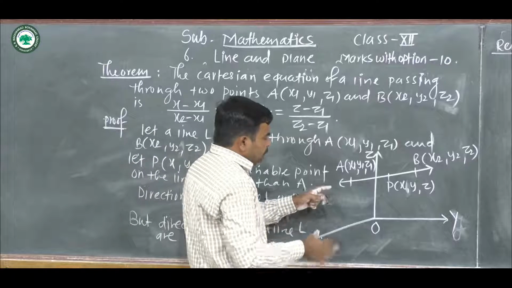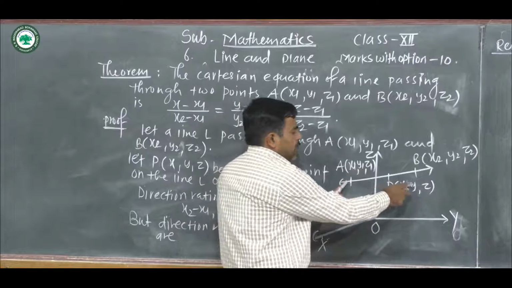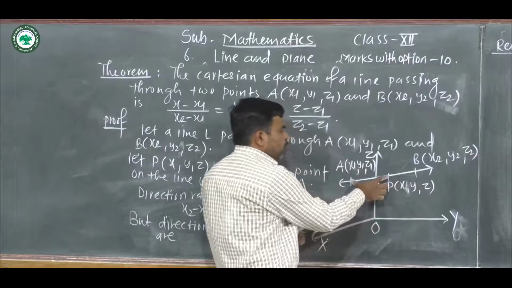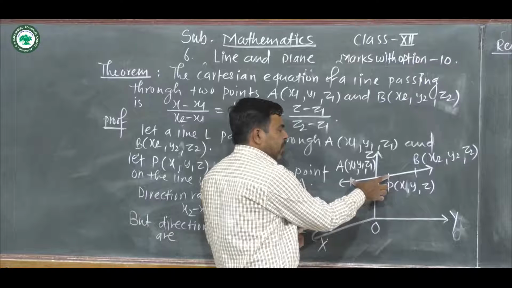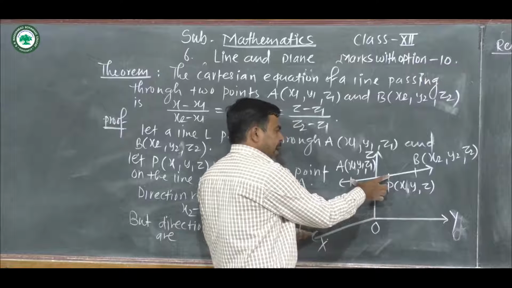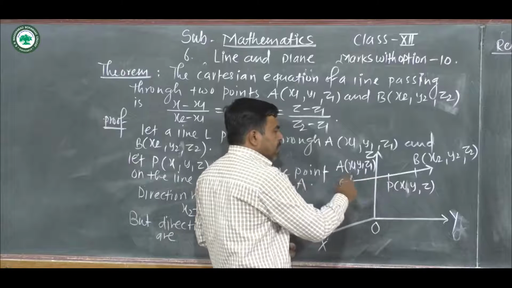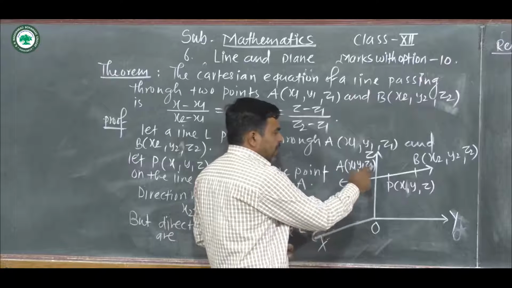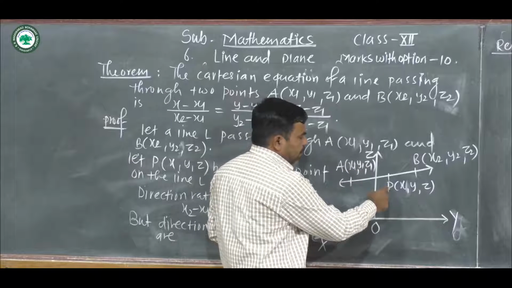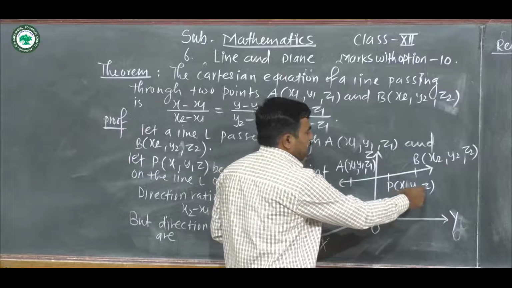Now consider the two points A (x1, y1, z1) and point P (x, y, z). These are also two points on the same line L, and if we have two points on any line, then we can write the direction ratios of that line. So A is (x1, y1, z1), and point P is (x2, y2, z2) with x2 as x, y2 as y and z2 as z.